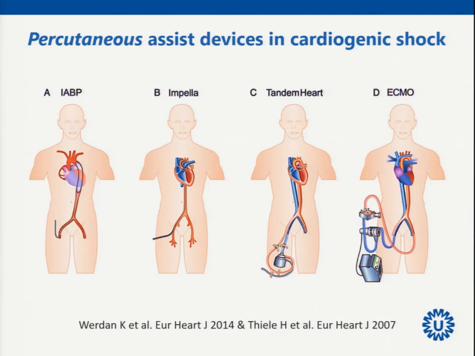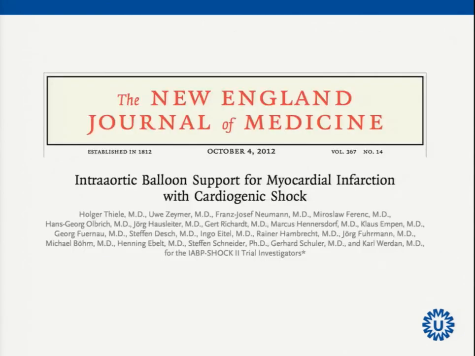So the balloon pump has been traditionally considered a very effective way to tackle cardiogenic shock and myocardial infarction, although we now know it isn't. What we have learned from the intra-aortic balloon pump in myocardial infarction complicated by cardiogenic shock, from the IABP-SHOCK II trial, is that there is no mortality benefit in this specific scenario.